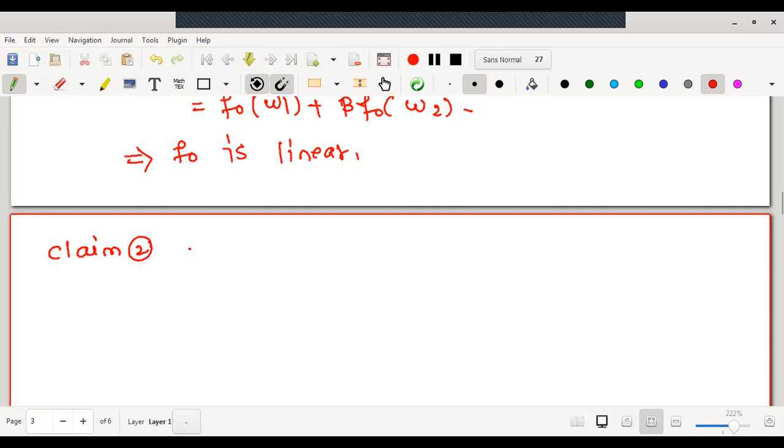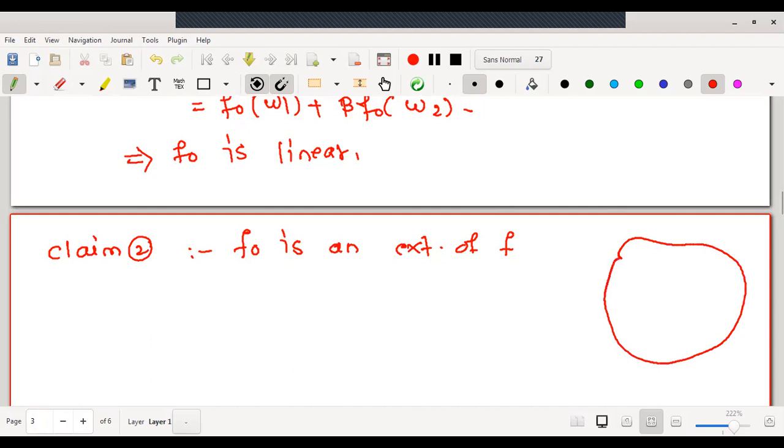Claim 2. What is my claim 2? F naught is an extension of f. As I have already explained you, any mapping will be an extension of another mapping if it works same for the base set. Therefore, here what is the base set? Let me draw the sketch again. Let this be m and this be m naught.